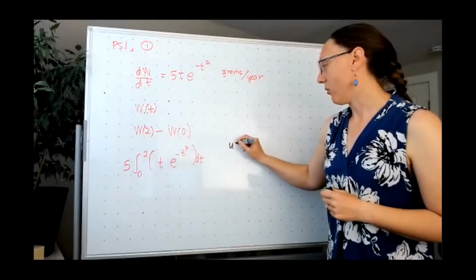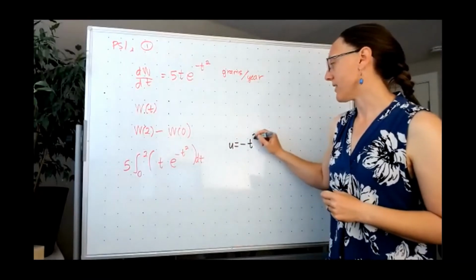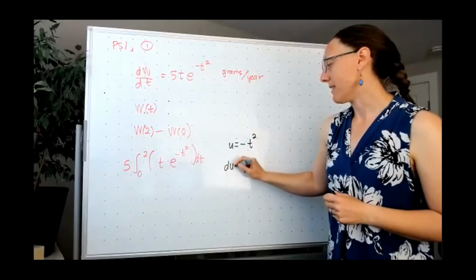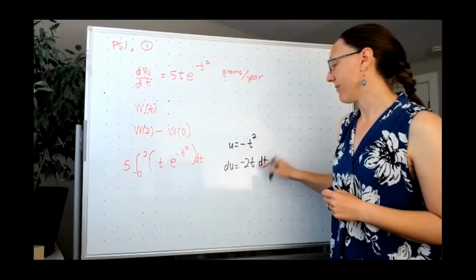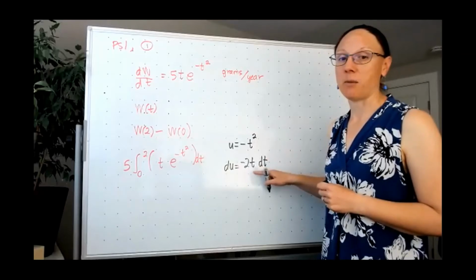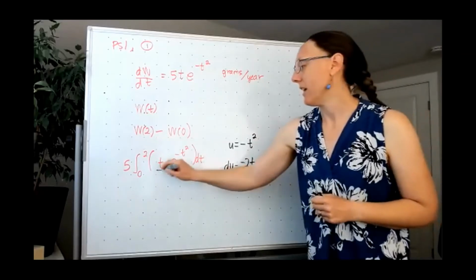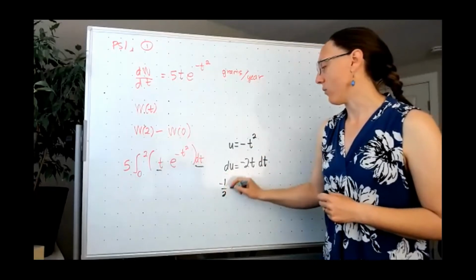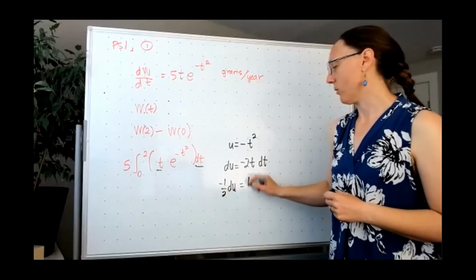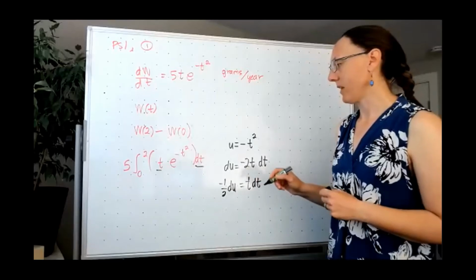I will let u be equal to negative t squared. That's going to make my differential negative 2t dt. I don't have that negative 2t, but I do have the t and the dt. So I'll rearrange that to say negative 1/2 du is equal to t dt.